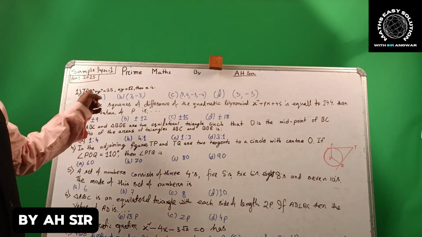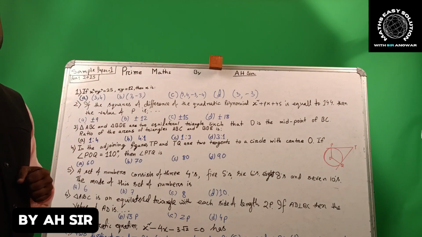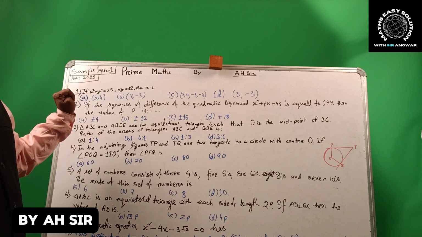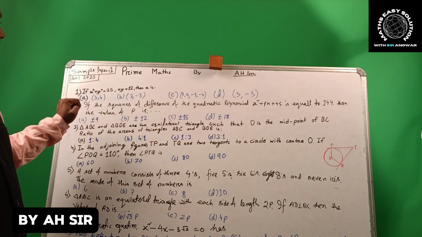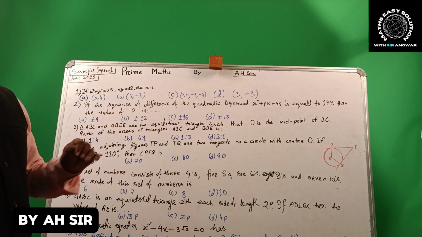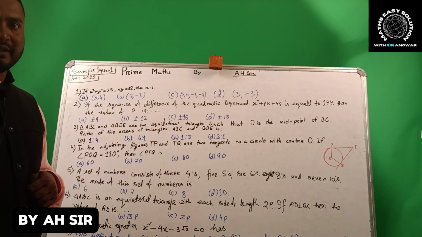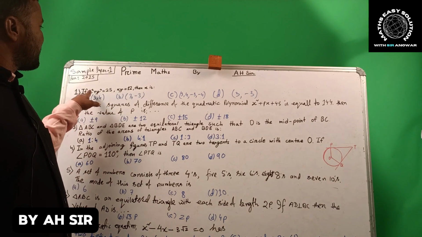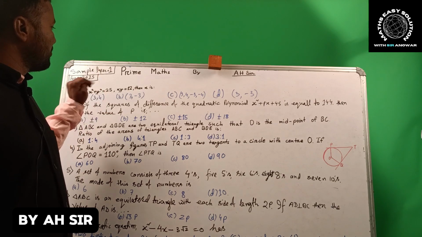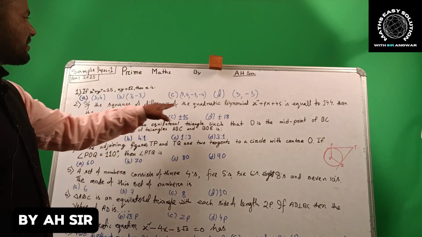Without solving questions like these, you will get the answer. For example, here x and y are the variables. X also we have square, y also we have square. So even if you don't solve, you will have the answer. For example, if the power is 2, x will have 2 answers. Similarly, y also will have 2 answers. Now look at the options.